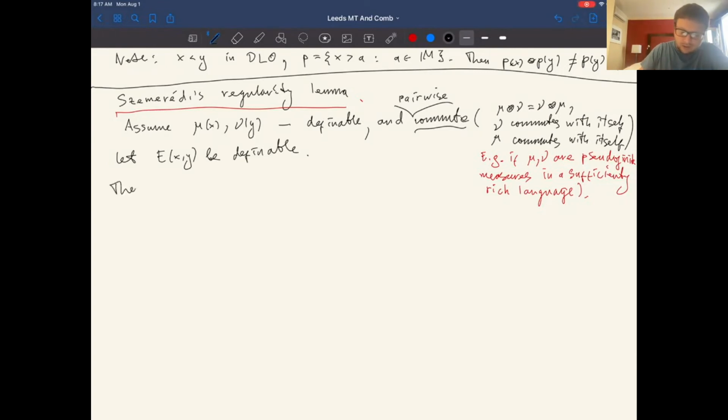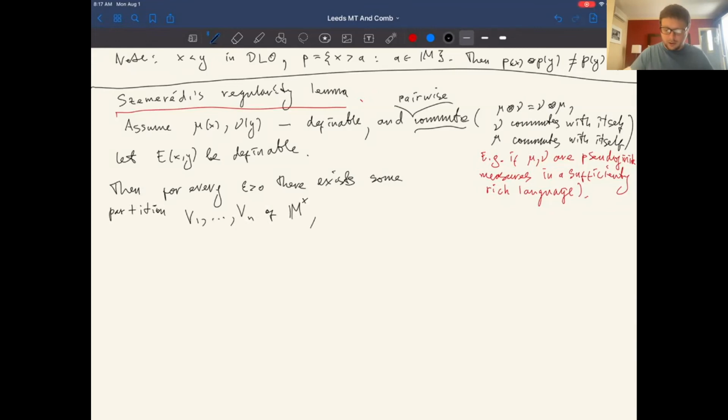Then for every epsilon greater than 0, arbitrarily small real number, there exists some definable partition, let's say V1 through Vn, of the sort corresponding to the variable x.